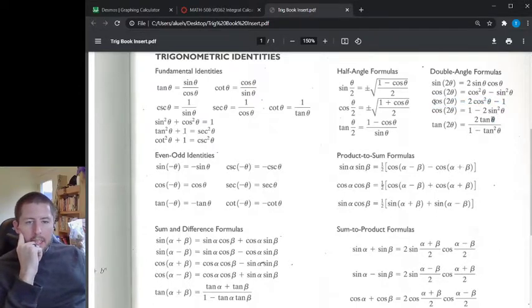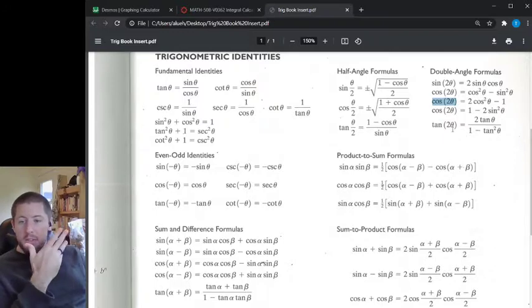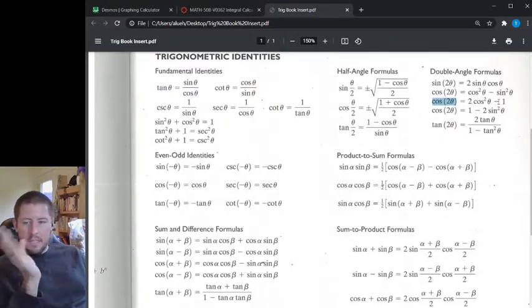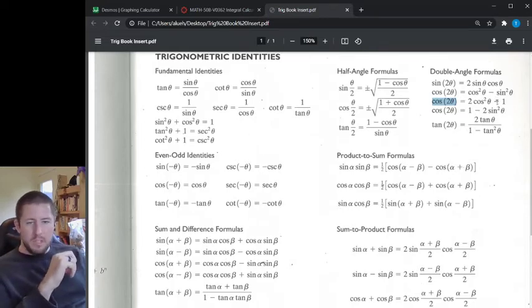Cosine of 2 theta equals 2 cosine squared theta minus 1 seems reasonable because I've got some cosine squared term, and I'll be able to replace it with an expression involving cosine of 2 theta. I do know how to integrate cosine of 2 theta, give or take some addition, subtraction, multiplication, division of constants. So this seems like a reasonable identity to use.